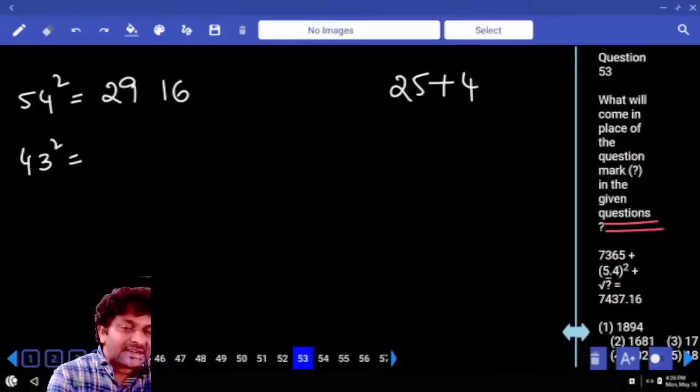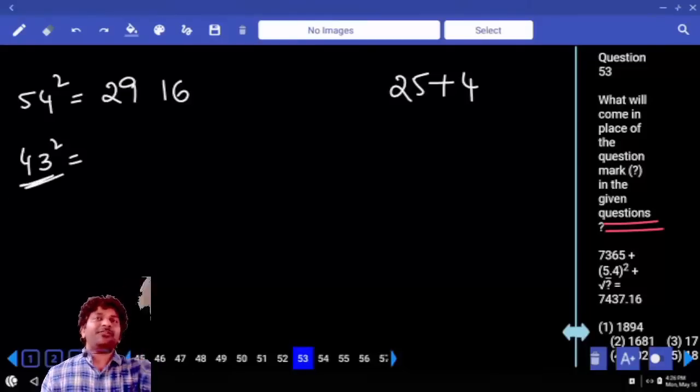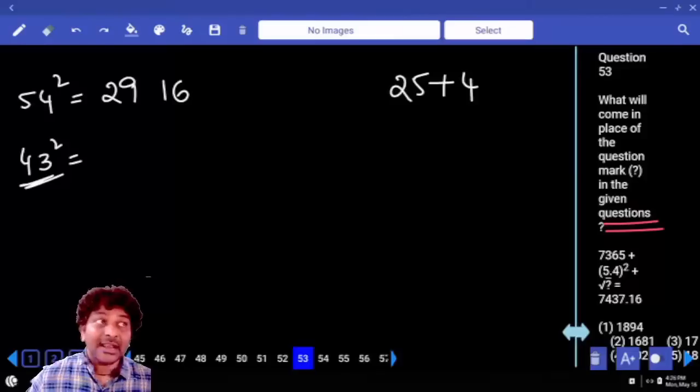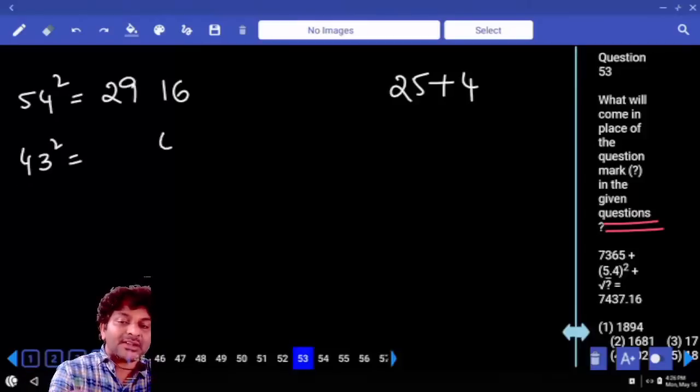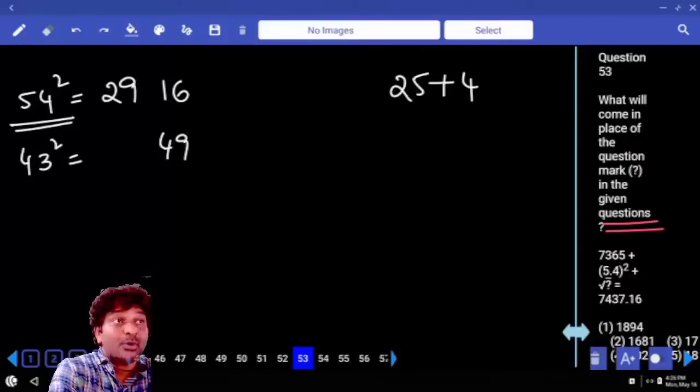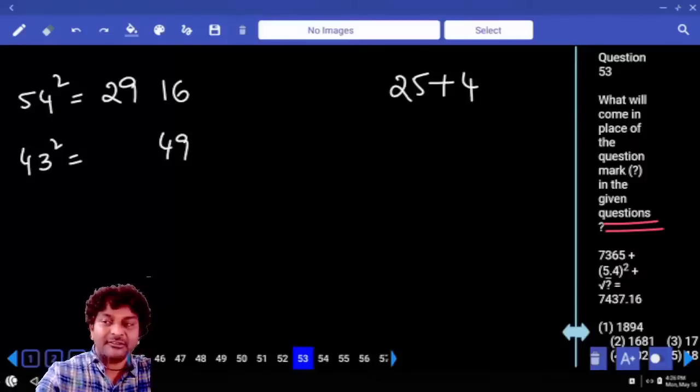Now let's calculate 43 square. Same process. Is this more than 50 or less than 50? Less than 50, remember. How much less? 7 square is 49. That's going to be the last 2 digits. Previously our number was more than 50, hence we add.